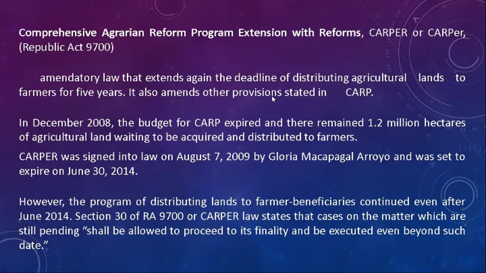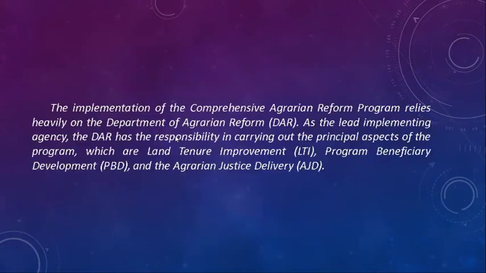This is actually a mandatory law that extends the deadline of distributing agricultural lands to farmers for some years. It was also backed up by additional budget to continue, and that's why the program of the distribution of lands continued even after 2014, upon the extension under Gloria Macapagal Arroyo's administration.